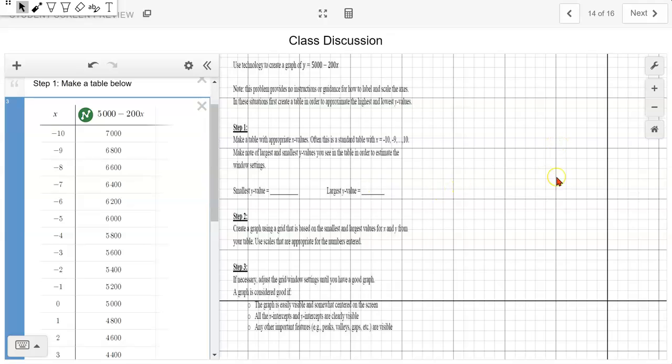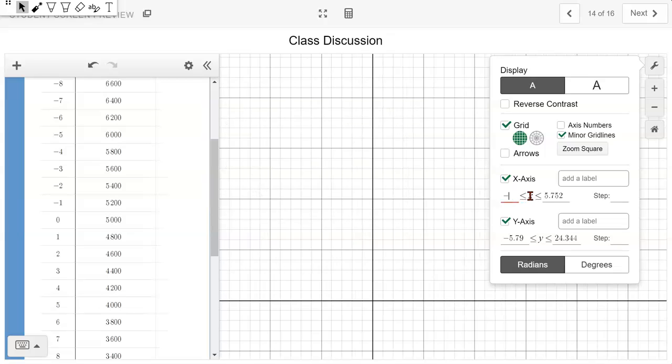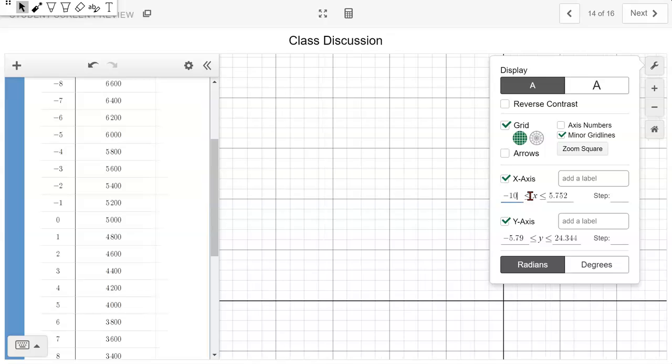So you can change the setting of our Desmos by clicking again the graph settings here, and you see the x-axis and the y-axis. Our x-axis, you can change this from -10 to +10.